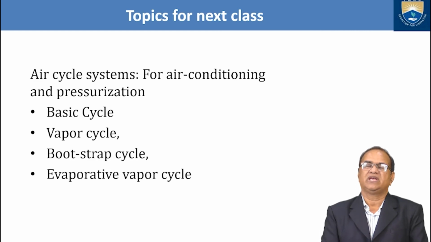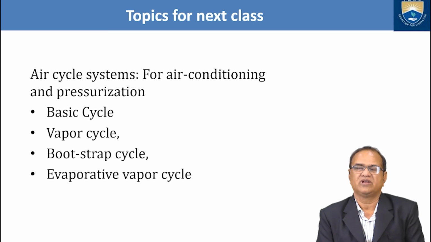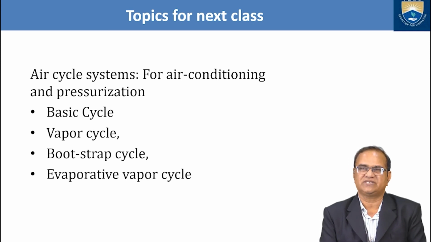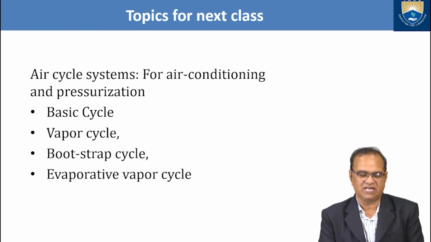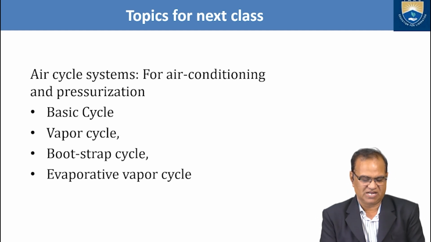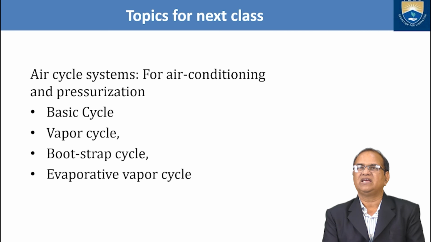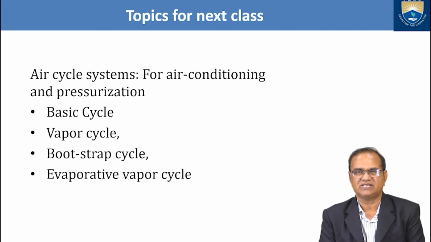So in my next class I am going to discuss the air cycle system for air conditioning and pressurization. Here first I have the basic cycle, second the vapor cycle, bootstrap cycle and the evaporative vapor cycle. I will be discussing these topics in my next class.